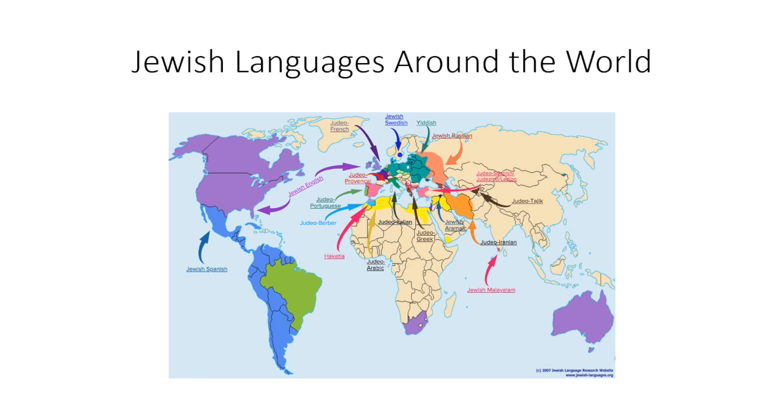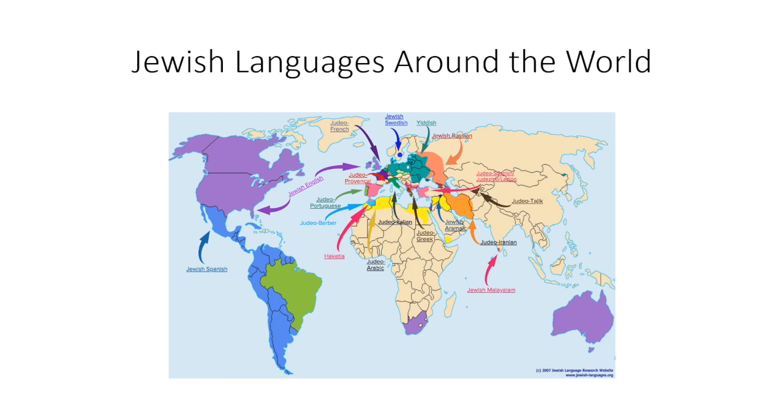And you see it in really odd and interesting places. You see Judeo-Aramaic in what was the old Babylonian community in Iraq. You see Judeo-Malayalam, which is a dialect in southern western India. You see Judeo-Russian.